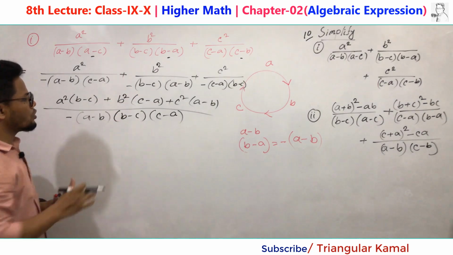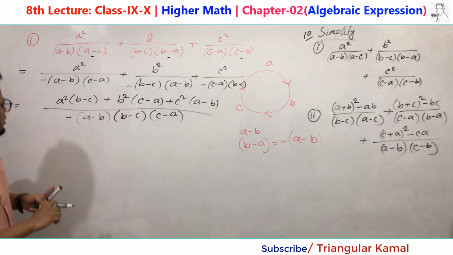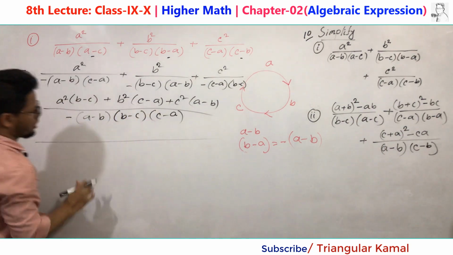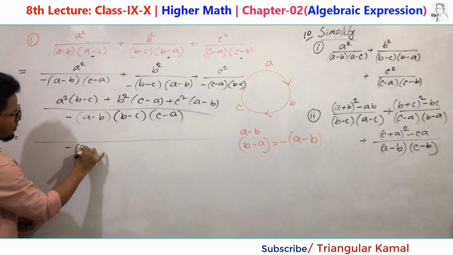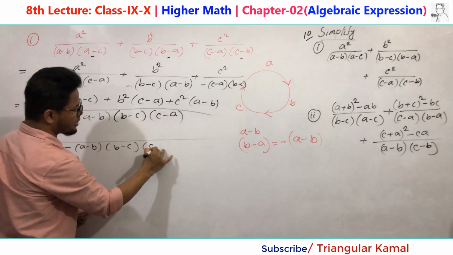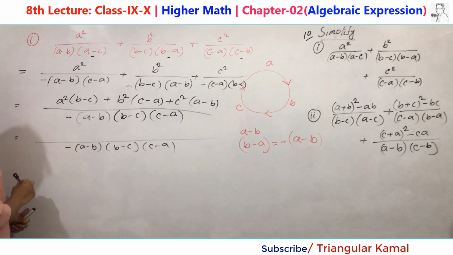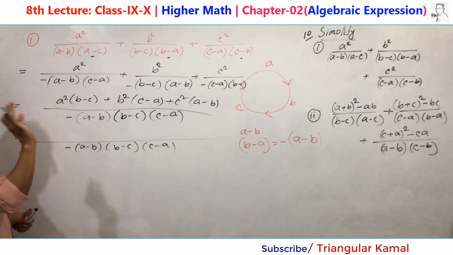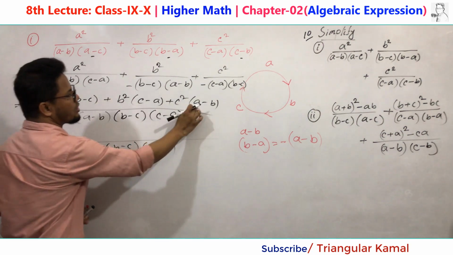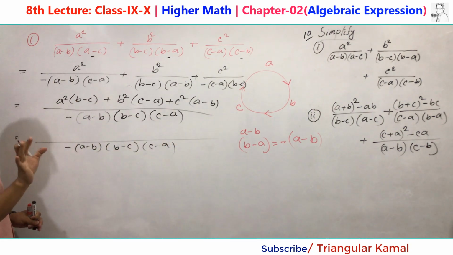So separately we will do the calculation here. Now this one will remain the same, a minus b and b minus c and c minus a. And first fix any one, or target any one, like b minus c or c minus a or a minus b will remain fixed.